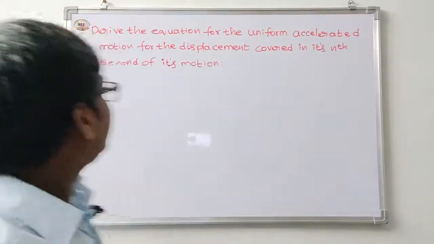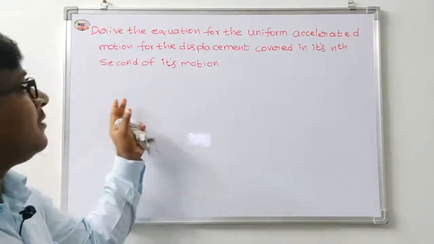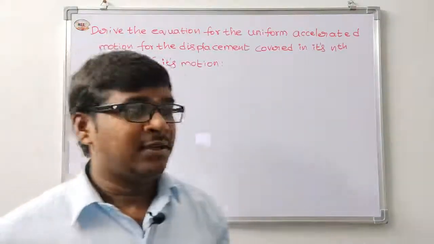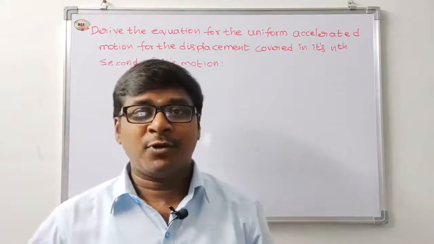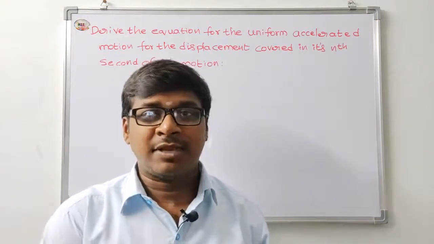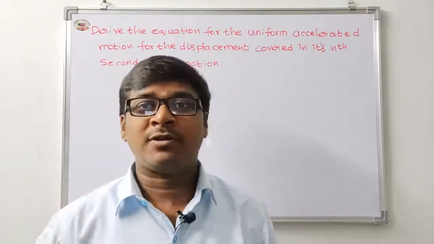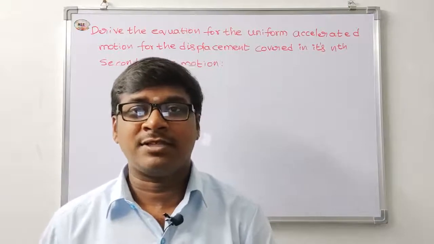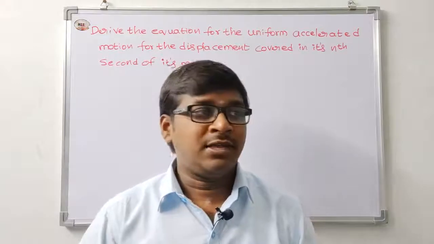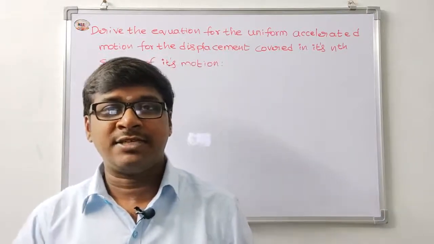Our topic today is to derive the equation for the displacement covered in the nth second of uniformly accelerated motion. This is the fourth equation of kinematics. We already derived three equations in the previous video, students, so please see that video. In these four kinematic equations, some kinematic variables are applicable: for example, initial velocity, final velocity, acceleration, time taken, and distance covered.